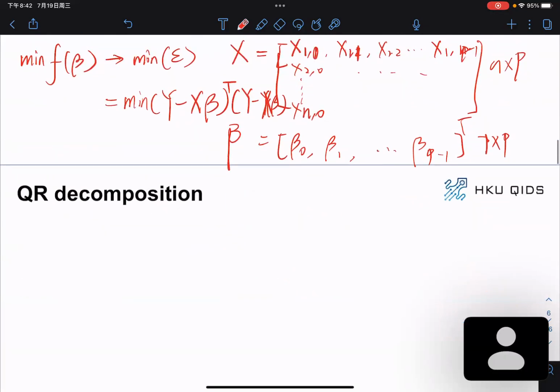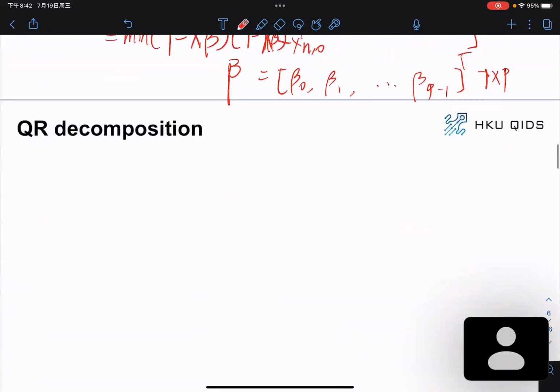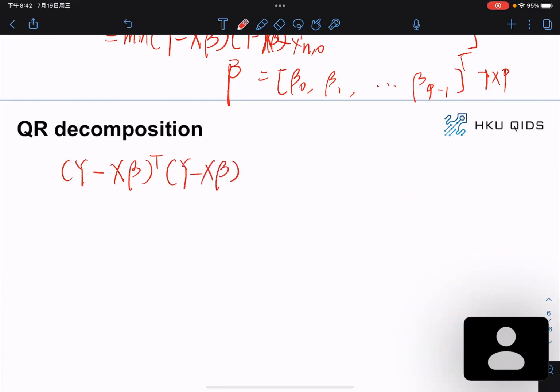Now let's try to solve it. This is Y minus X beta, squared, so it is Y minus X beta times itself. If we take the derivative, the first order derivative is going to be minus 2 X transpose (Y minus X beta).